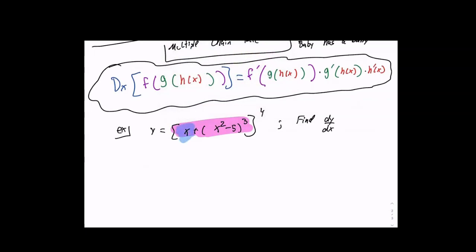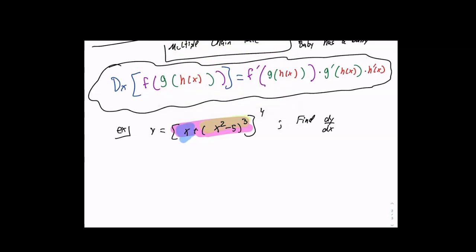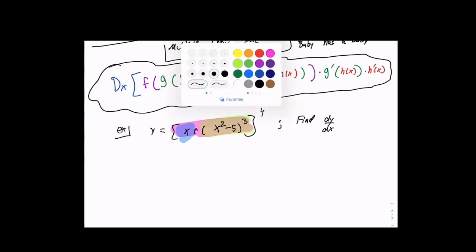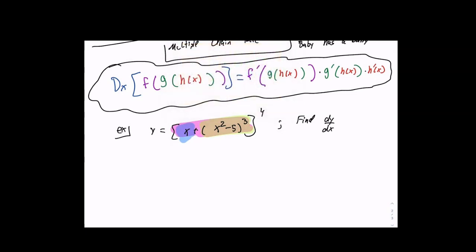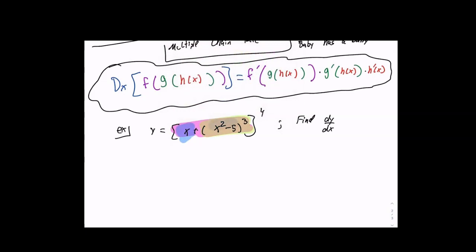I have x, and I have this x squared minus 5 to the third. But within that chain rule, I have that baby on the second piece has a baby. So this is like this mommy has twins, and then one of those twins ends up having a baby. That's the idea of it in terms of the analogy of it.